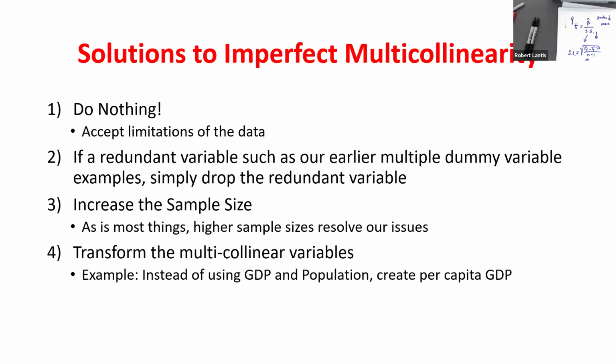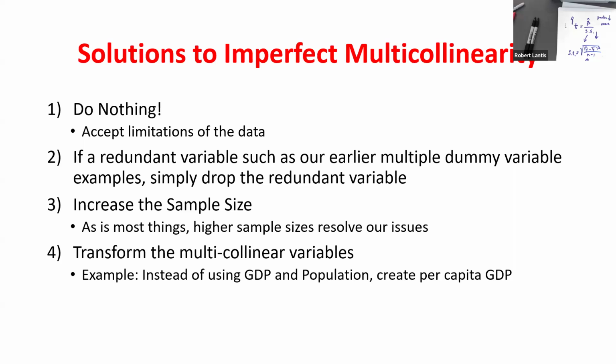The age and experience one is maybe not quite as good. I'll use this one where let's say I wanted to know the impact of, maybe life expectancy. Well, no. Maybe I want to do, what's a good one? Population and GDP and how they impact.